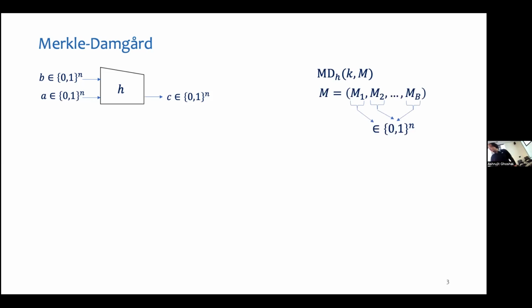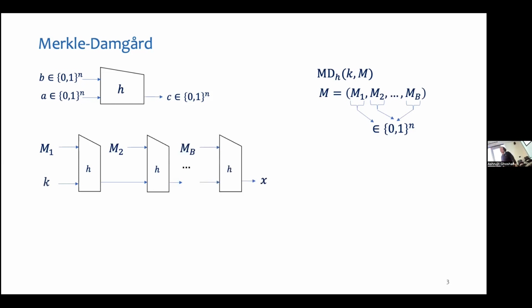The hash is computed as follows. The first message block and the key k are used to evaluate h. The output and the second message block are then used to evaluate h again. This continues till all the message blocks are consumed. The output of the final evaluation is the hash output. This construction is used in many hash functions regularly used in practice, like MD5, SHA-1, and SHA-2.